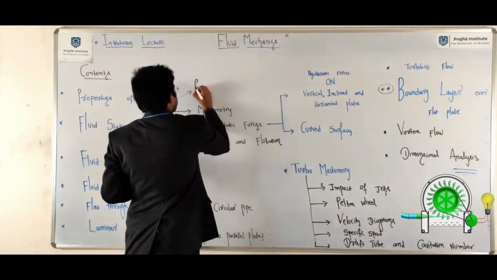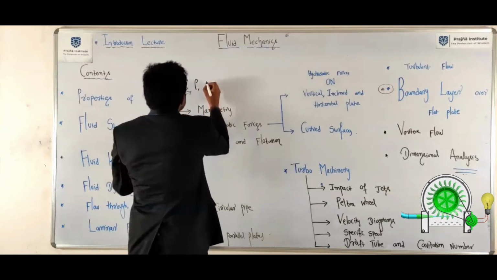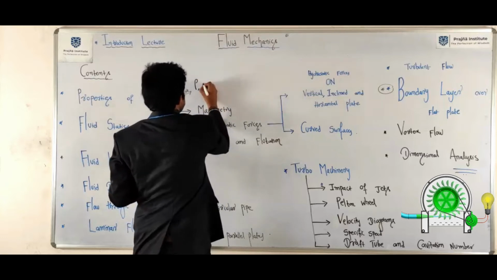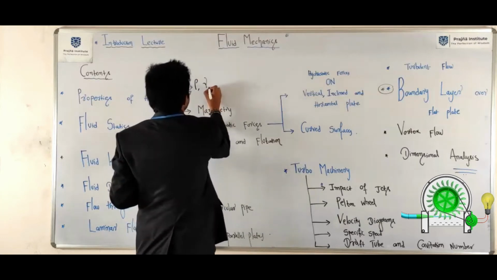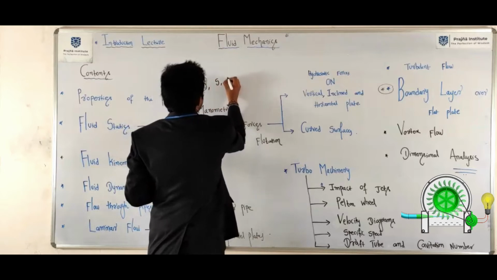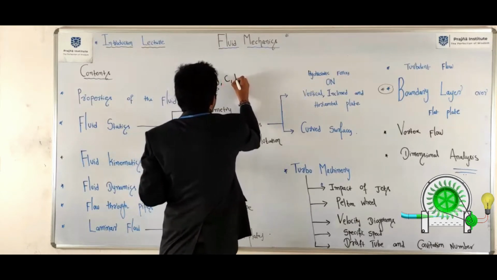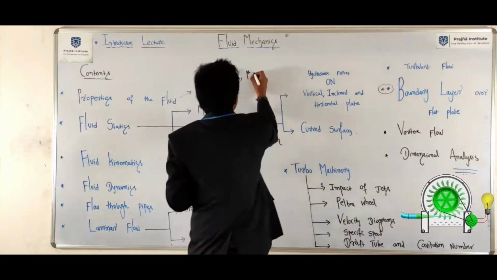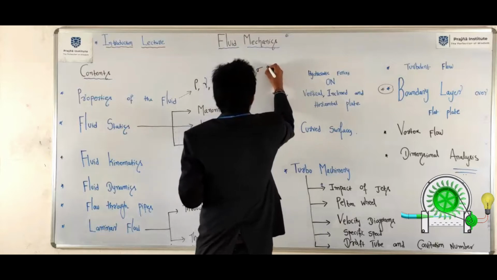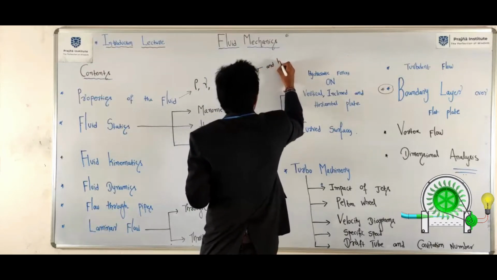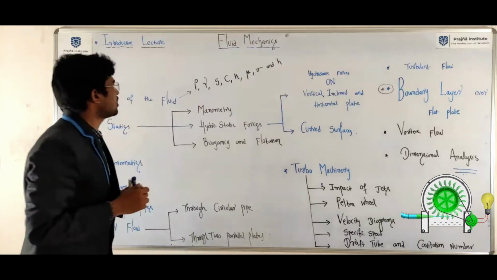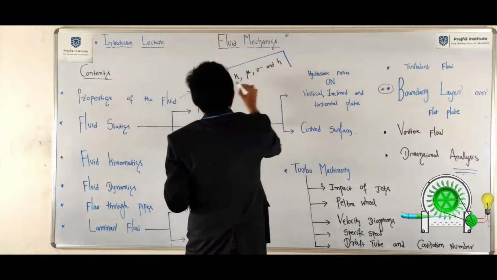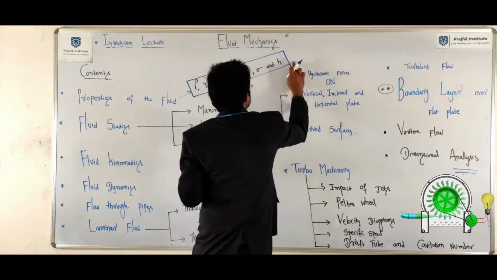Next, specific weight, specific gravity, compressibility, bulk modulus, viscosity, surface tension, and capillarity. Capillarity rise or capillarity fall. Okay, so these are the properties we need to discuss in the first chapter.